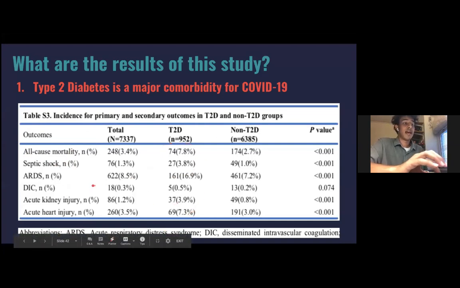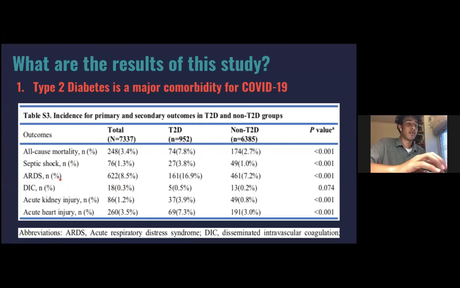If we look at one specific example, ARDS, which stands for acute respiratory distress syndrome, a really severe respiratory outcome, we can see that the type 2 diabetes patients suffered from this outcome at a rate of almost 17%, compared to the non-type 2 diabetes patients, which suffered this outcome at a rate of just 7%.